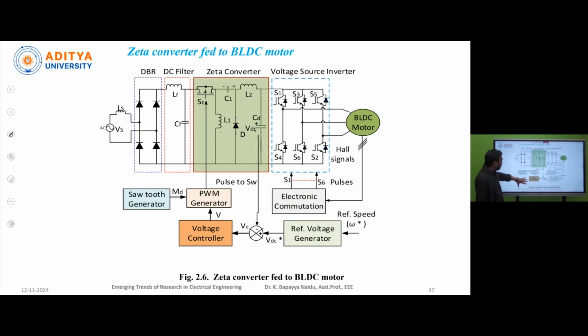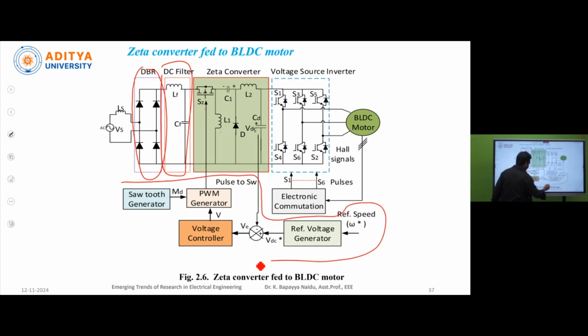Okay, this is the block diagram of this zeta converter. Here also, it is the diode bridge rectifier and the DC filter, and simply the SEPIC converter is replaced with this zeta converter, which is connected to the voltage source inverter. Here also we are using the same voltage multiplier technique.